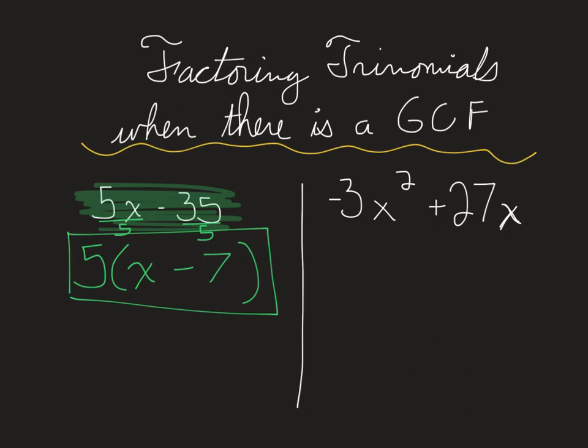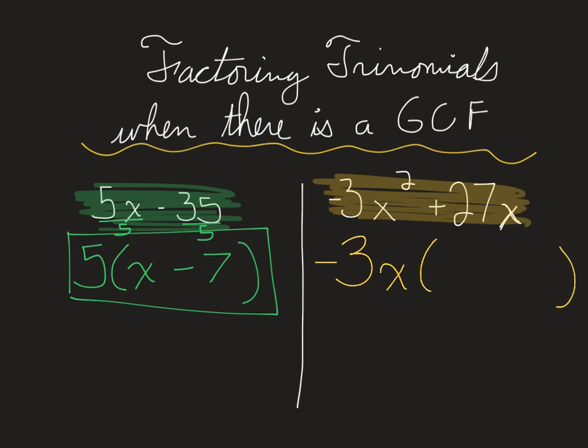The second example we have here is negative 3x squared plus 27x. Now you may remember me saying that you always want your leading coefficient to be positive. Because right now my leading coefficient is negative 3, I know I'm going to have to factor out a negative. The GCF of 3 and 27 is 3, so I'm going to factor that out. And both of these terms actually have an x, so I'm also going to factor an x out.